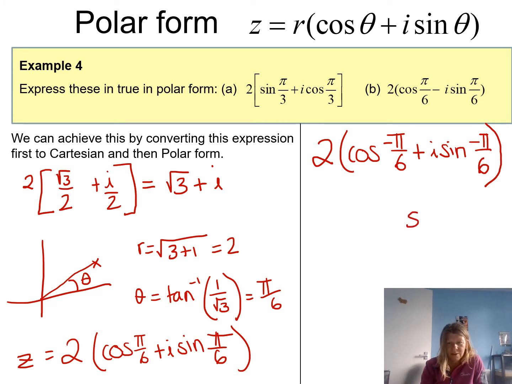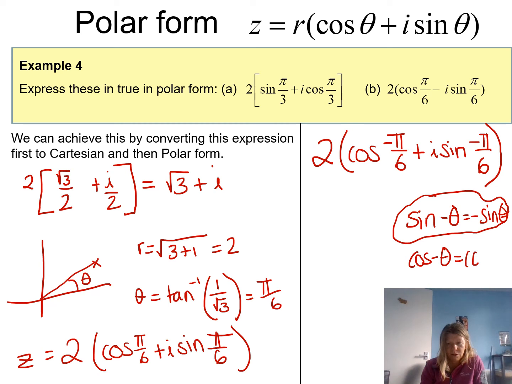That basically, I'm saying that sine negative theta is in fact the same as negative sine theta. That's what we're calling an odd function. And cos of minus theta is actually the same as cos of theta. If you try putting numbers in, you'll find that works. You may already know that.